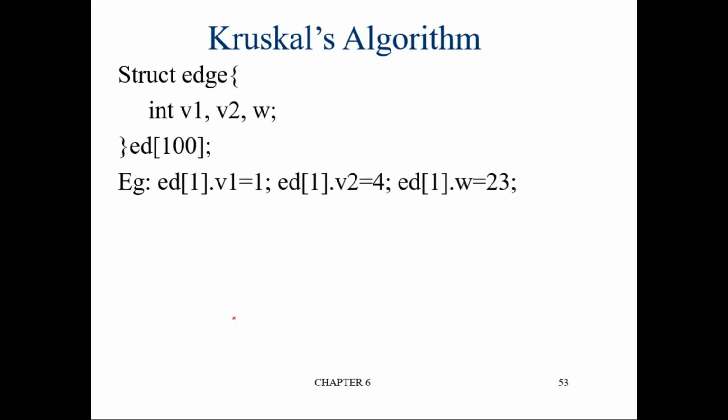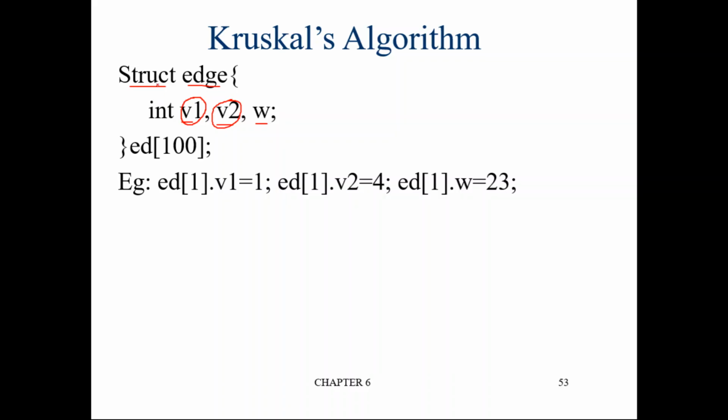For that, in C we can define a structure called edge, struct edge, and in this we can include three variables v1, v2 and w. v1, v2 represent the vertices, since any edge will connect two vertices. What are the two vertices connected by this edge? That is represented as v1 and v2. These are integers. And what is the weight of this edge? That is w.